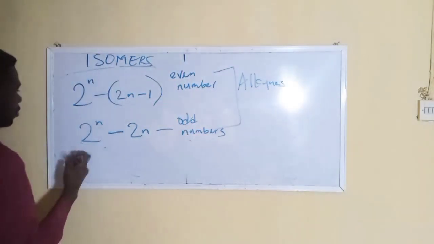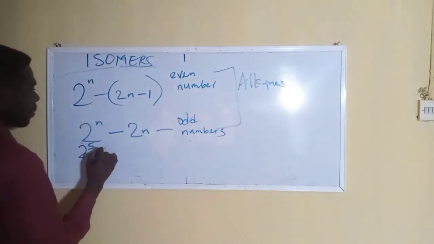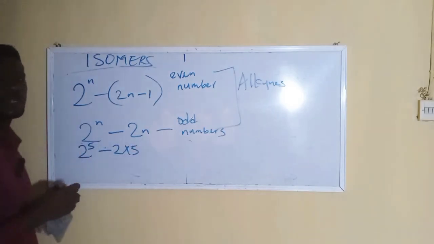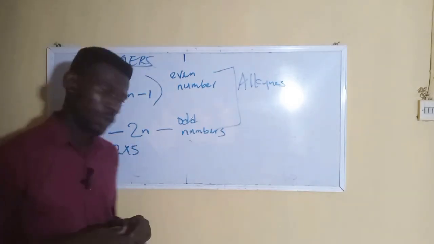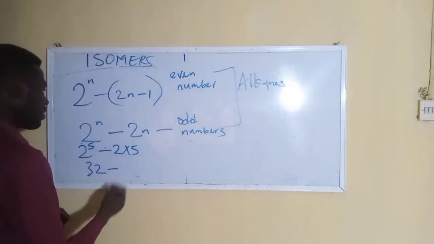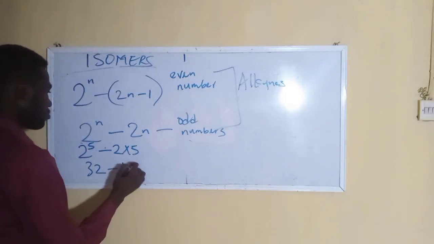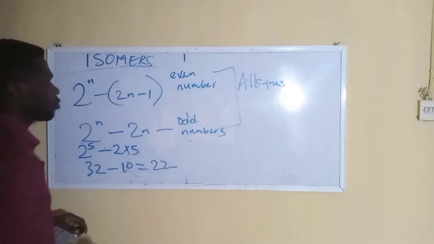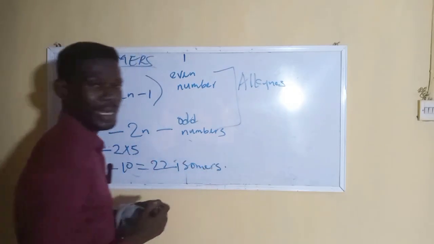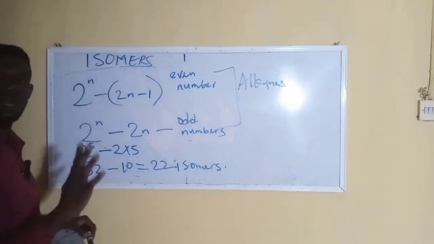You have 2 raised to power 5 minus 2 times 5, and 2 raised to power 5 is 32. So you have 32 minus 2 times 5, which is 10. So in total, 22 isomers can be gotten from an alkyne with 5 carbon atoms.